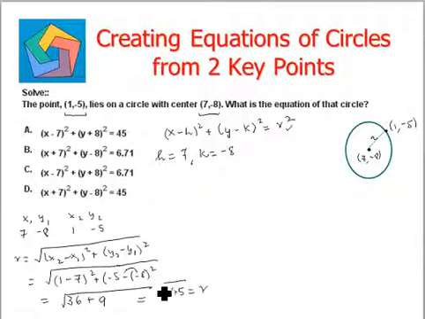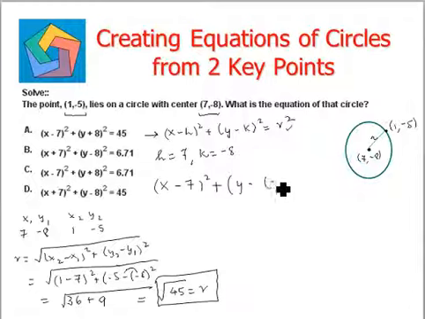So now we have h, we have k, we have r. Plugging these values in the equation of the circle, we get our equation. (x - 7)², that is the value of h, plus (y - k), k is -8, squared equals the square root of 45 squared.